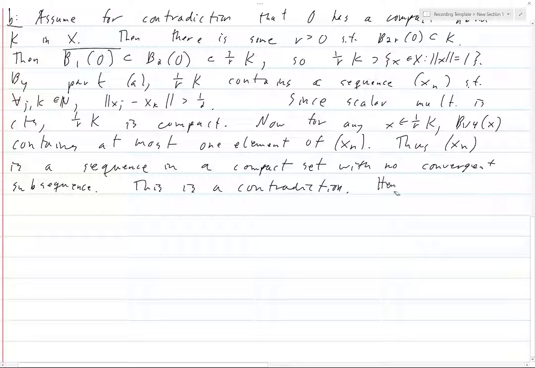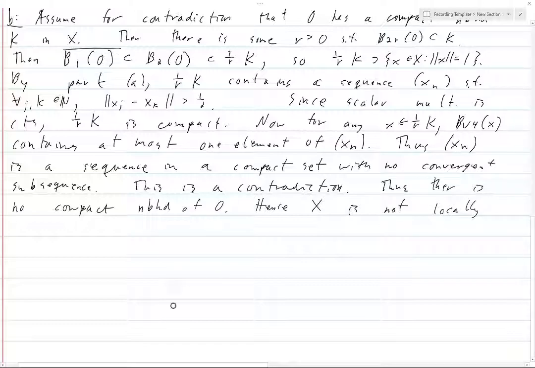Thus there is no compact neighborhood of 0, and hence X is not locally compact. And this completes the proof.